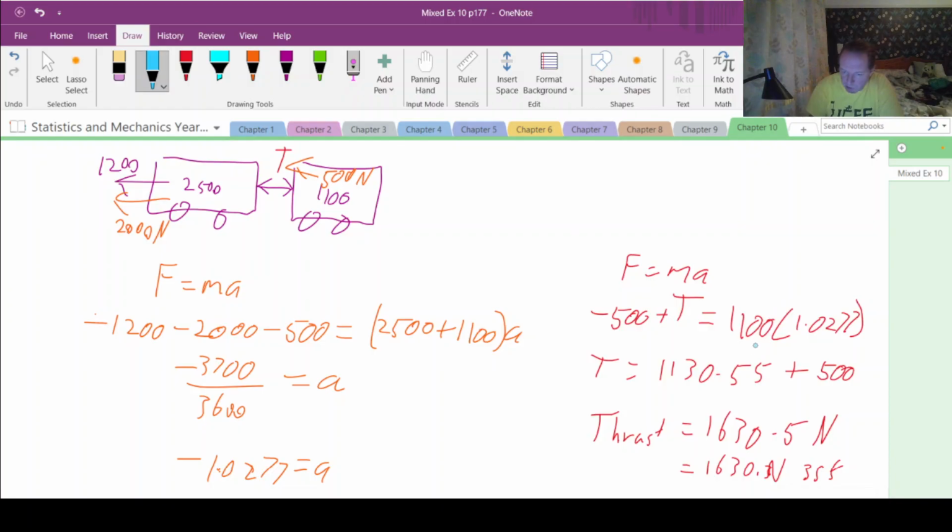So when you bring your minus sign over, you get minus 1.02, you get minus 1,130, which means when you add 500 to it, you end up with 630, which means to 2 or 3 significant figures, it's 630 newtons.